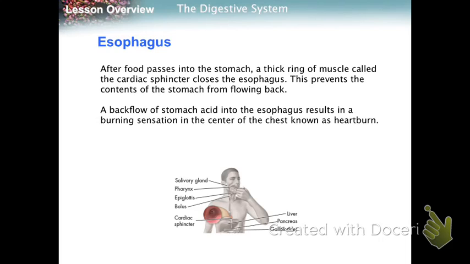As the food passes into the stomach, a muscle called the cardiac sphincter closes the esophagus. It prevents the contents of the stomach from flowing back. If that's not working right, then people get what's called acid reflux or heartburn. That's a backflow of stomach contents into the esophagus.